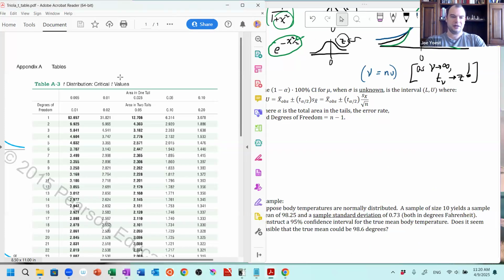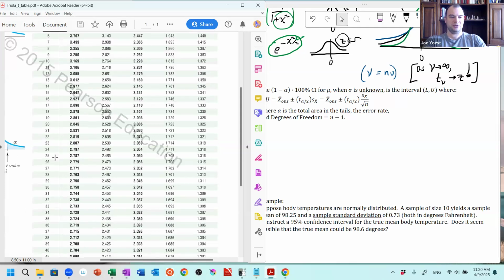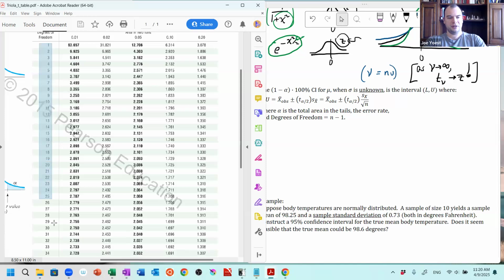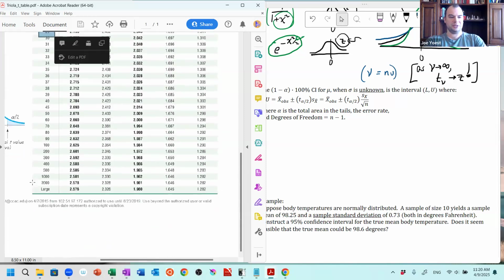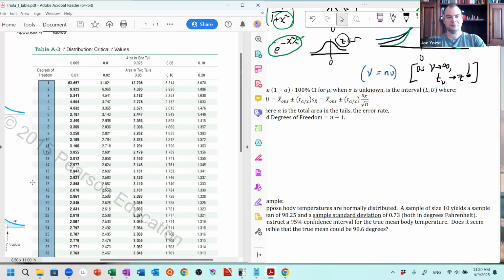So the practical change here is that because I don't want to carry around a book of 100 t distributions, one for nu equals 1 and one for nu equals 2, and you can see all these different t distributions represented in this table.